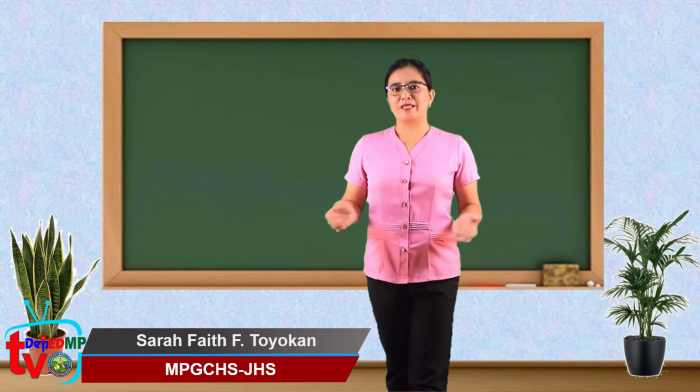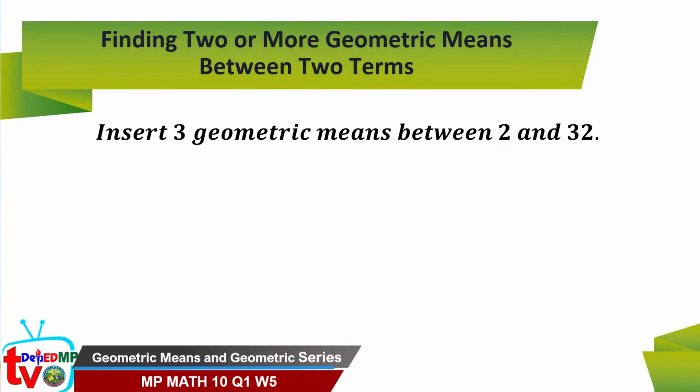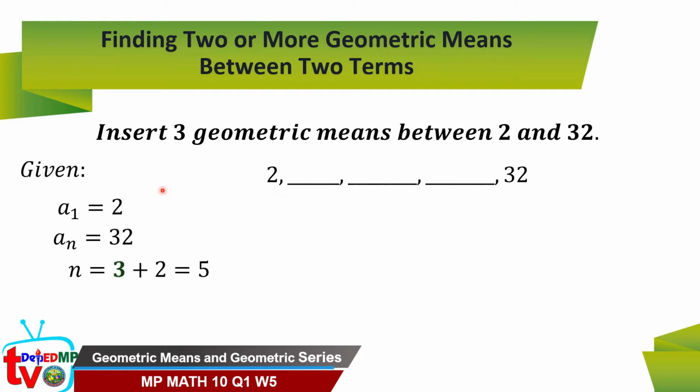Let's take a look at the following illustrative examples. Let us insert three geometric means between 2 and 32. Inserting three geometric means between 2 and 32 indicates that there will be 5 terms in the geometric sequence, where 2 is the first term or A sub 1, and 32 is the last term or A sub n.